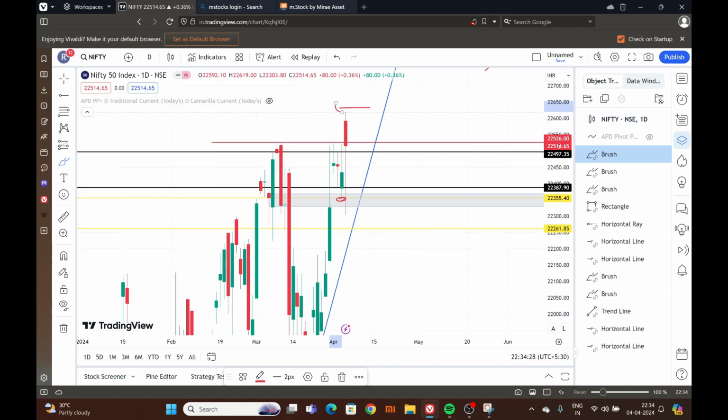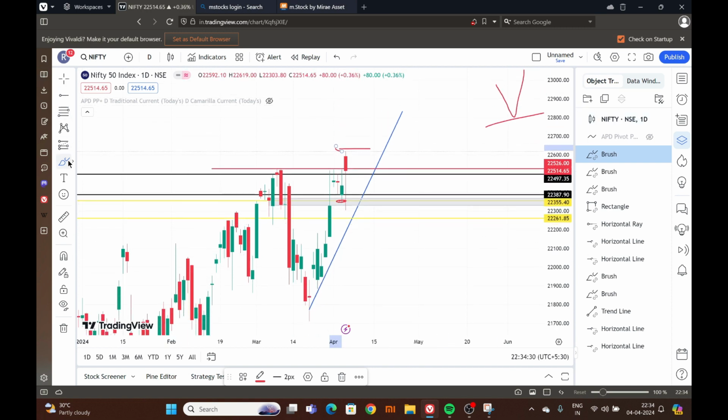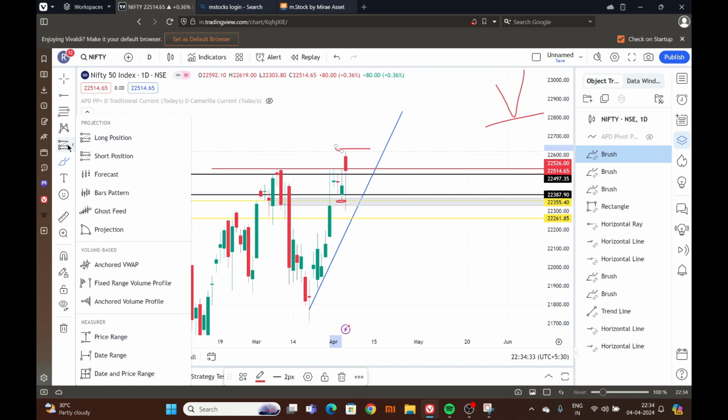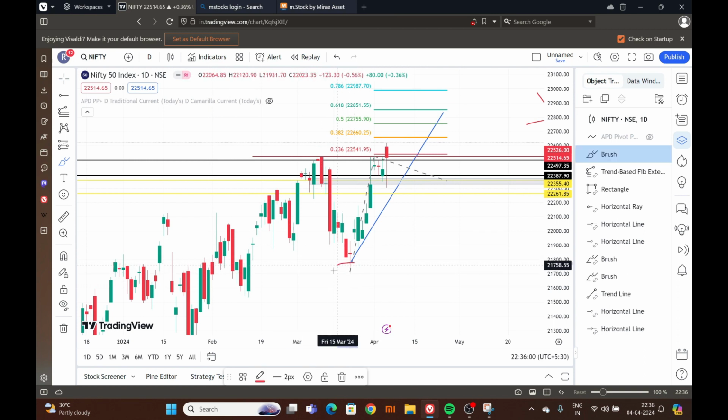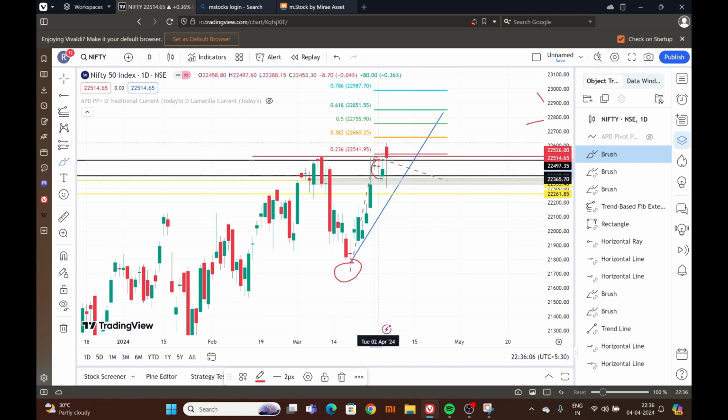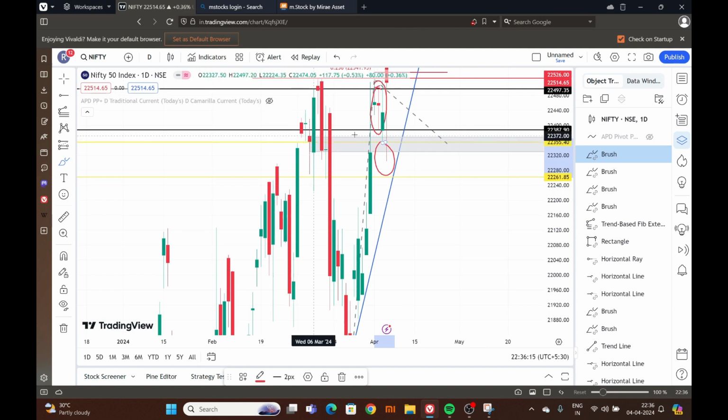Now let's try to identify the further resistance level where price can potentially move. This is the low, and from here to here there is no selling, selling only here, and the new low happened at this level.